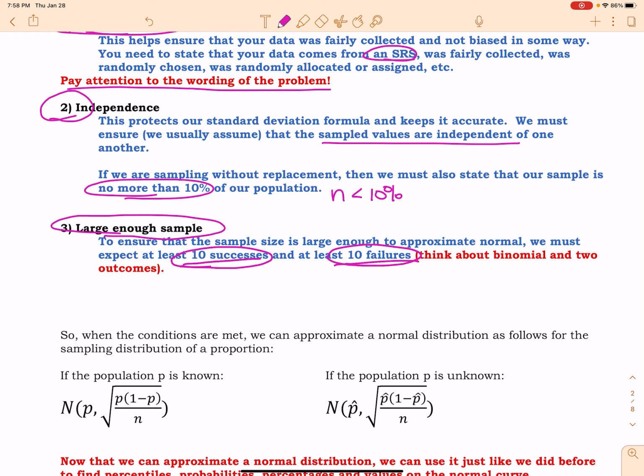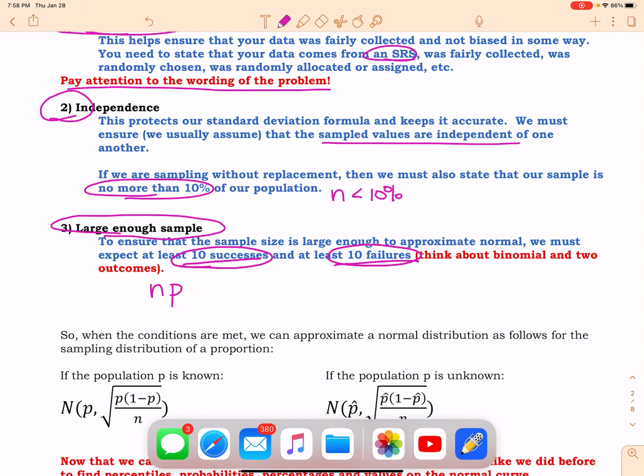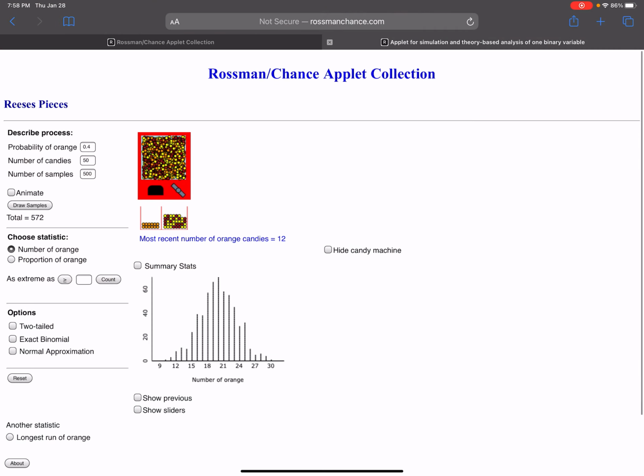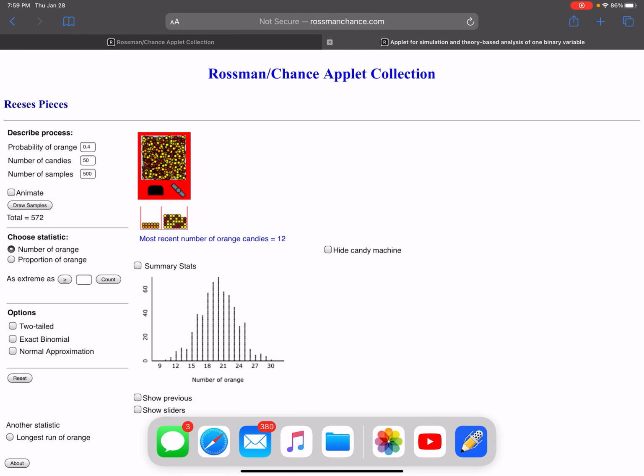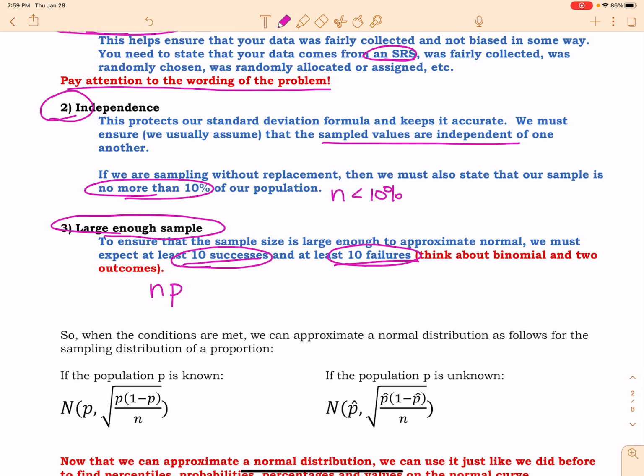So for proportions, the way we discover that, we take the sample size times p, which is going to be our measure of center for our distribution. To give you something to base that on, the probability of orange candies was 0.4. So that's the p that I'm talking about. So n times p has to be greater than or equal to 10.